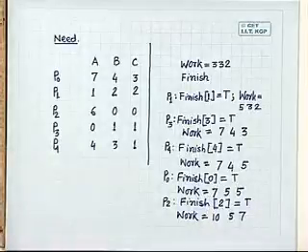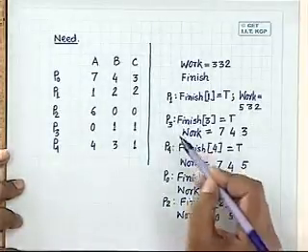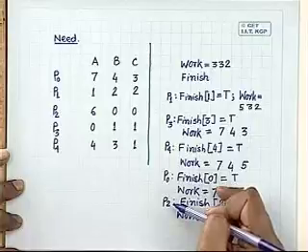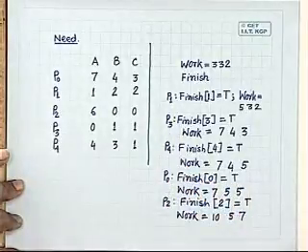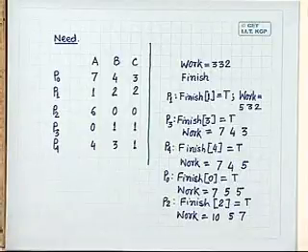So you find that in the present state, all the processes can complete in sequence, and the sequence is P1, P3, P4, P0, and P2. Okay? And this is the one that we are calling as safe sequence.